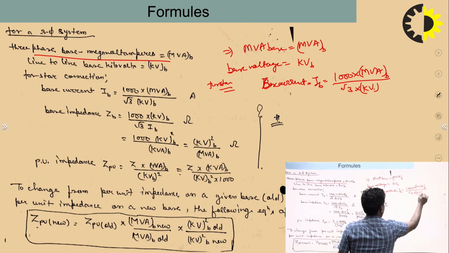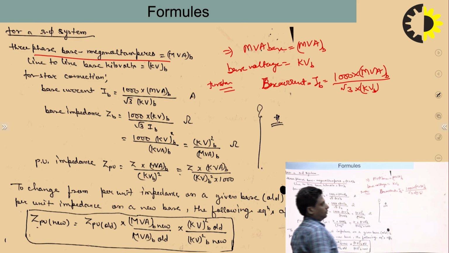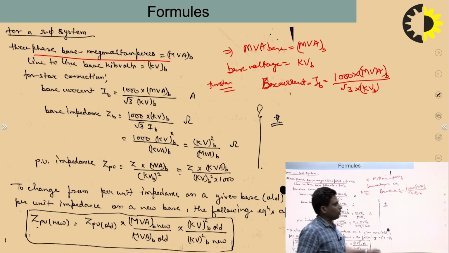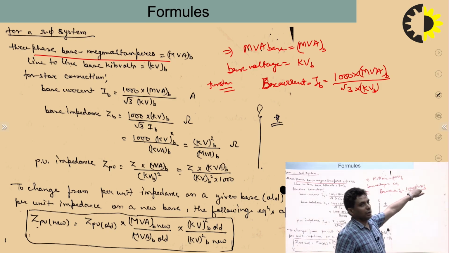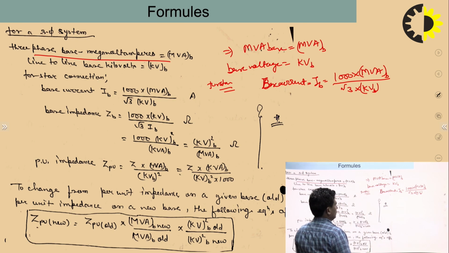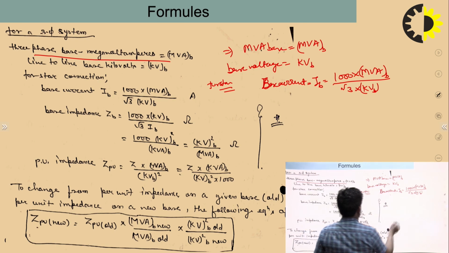by kVB. So the base voltage is put in terms of kilovolts, and similarly the base rating is given in MVA. So now we convert the value of kV by multiplying by 1000. And then what will happen?